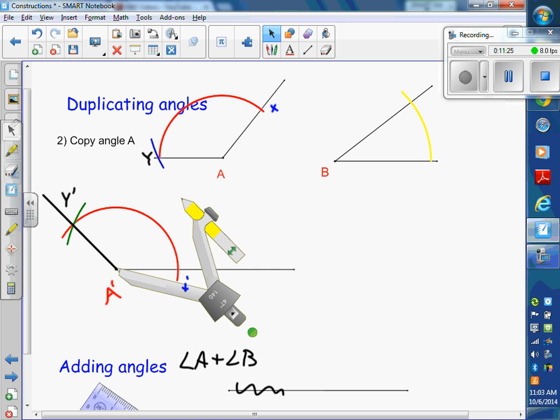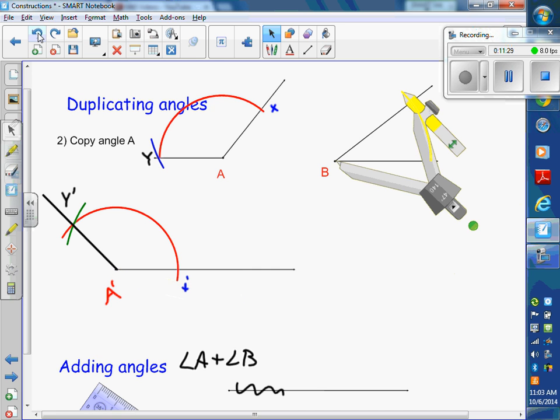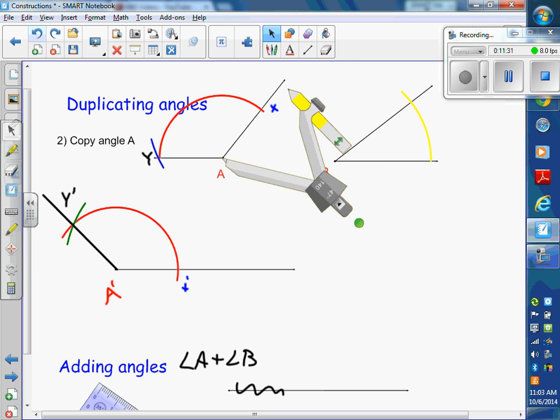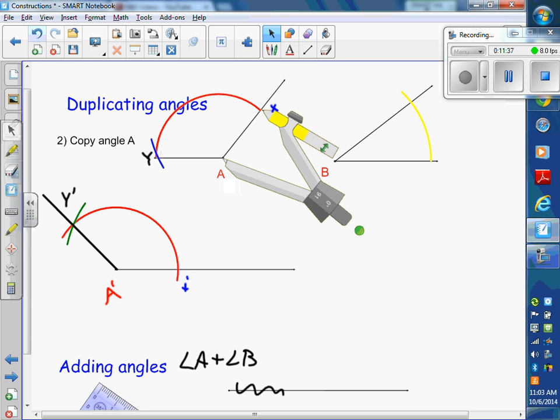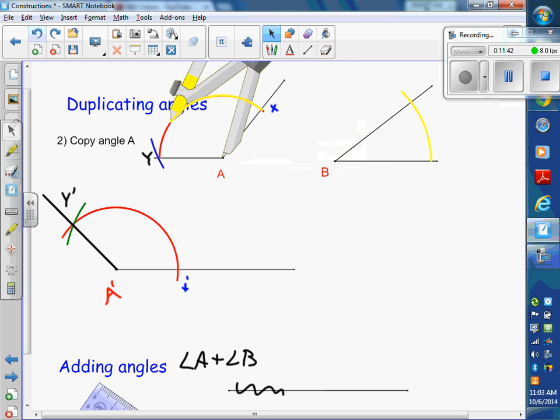So let me do that instead. Just to show you, sometimes it's easier to simplify your work. Does that look like it's about the same? See how that's the same?